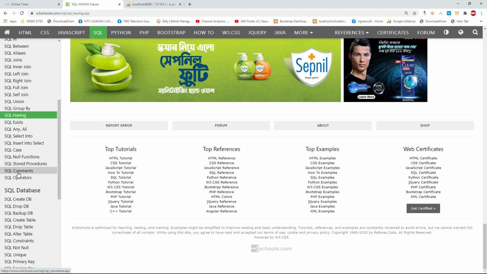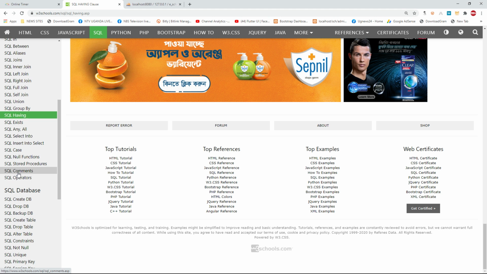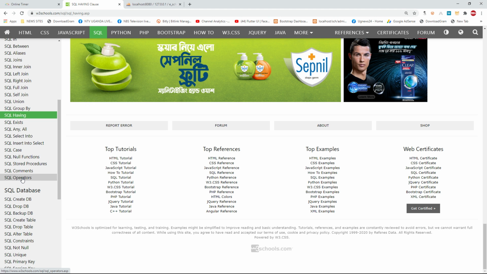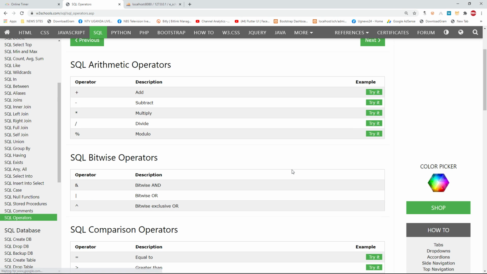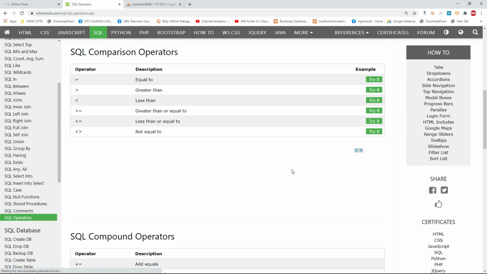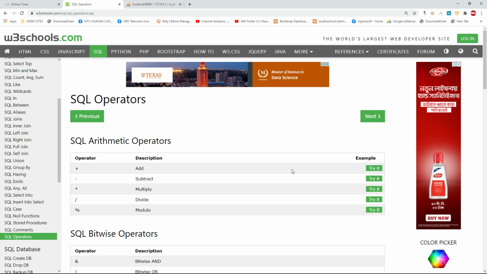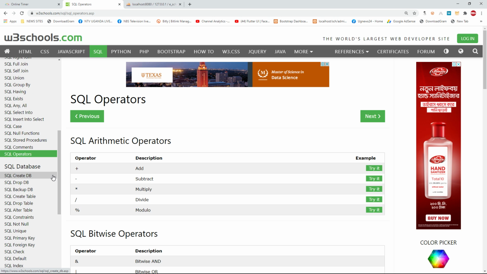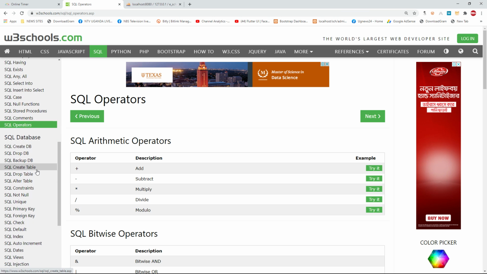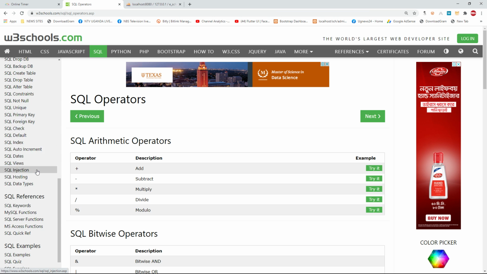Comments are just like we use in PHP, but it was not important at this moment. Operators, not so important. Let me see. These are not so important, just like ors and ands in PHP. So that is a basic introduction to database.